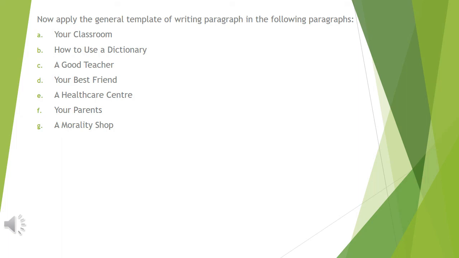is a morality shop. We can write, there are many shops in the world, but a morality shop is quite different from all the shops, because it has some distinctive features which we cannot find in other shops. A morality shop is usually based on testing the morality of people.